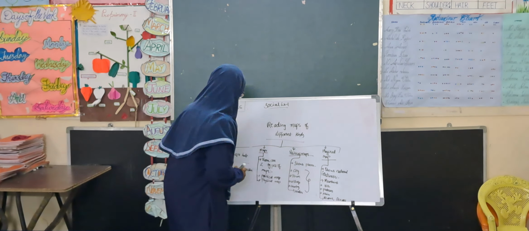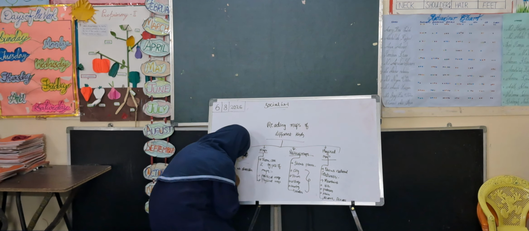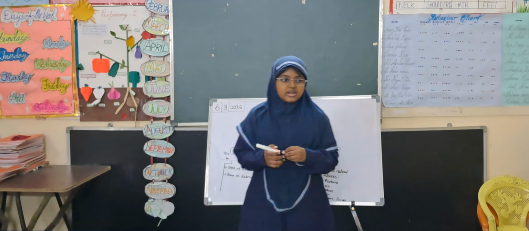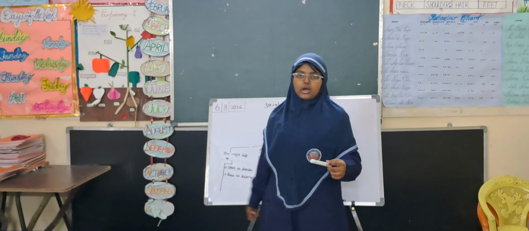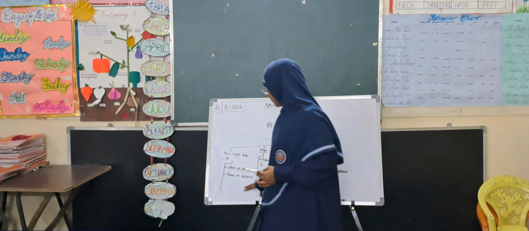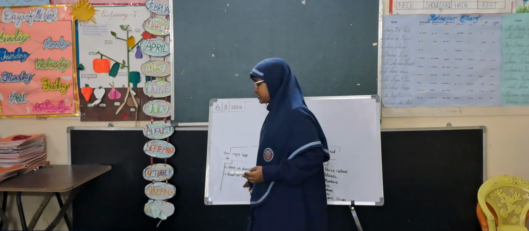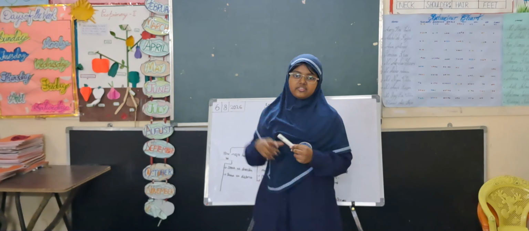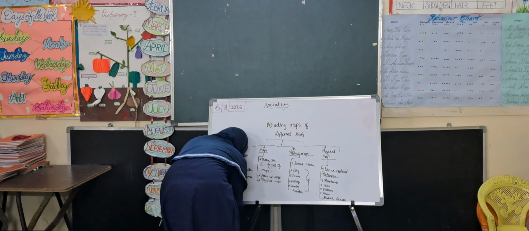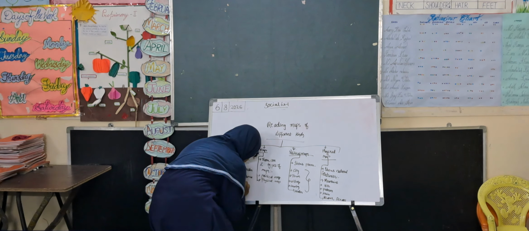It shows us distance: how long, how many minutes it will take to reach our location, our destination. It shows our direction, shows our distance, and it shows our location.